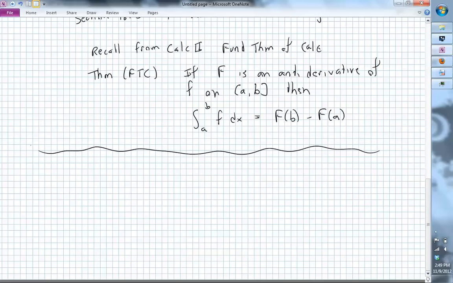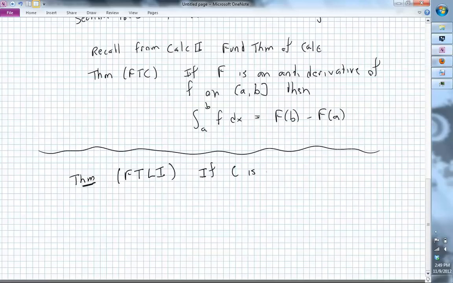All right, so let's talk a little bit about how this works. First, I'll state the theorem. I'll use an acronym here, FT, Fundamental Theorem of Line Integrals, and hopefully that doesn't spell anything bad.